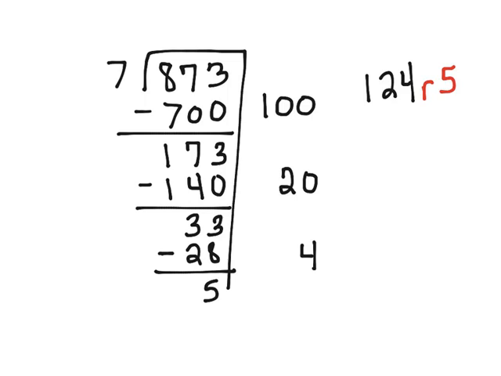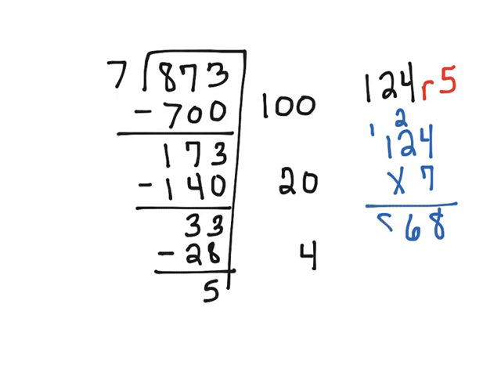Again, I can check my work. I can take my quotient of 124, multiply that by my divisor. 7 times 4 is 28. Carry the 2. 14, 15, 16. 7 times 1 is 7, plus 1 is 8.